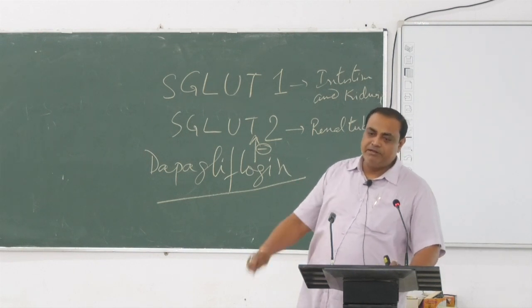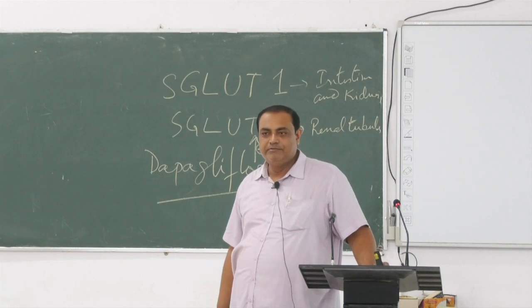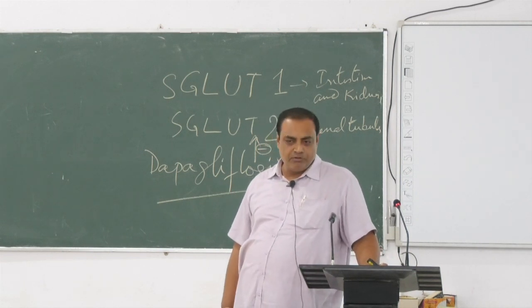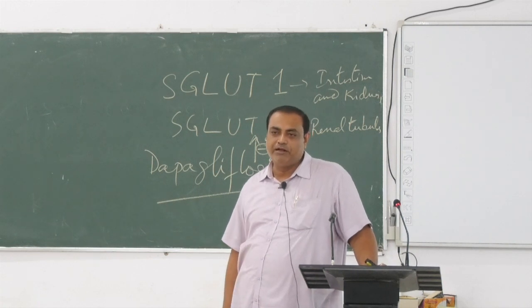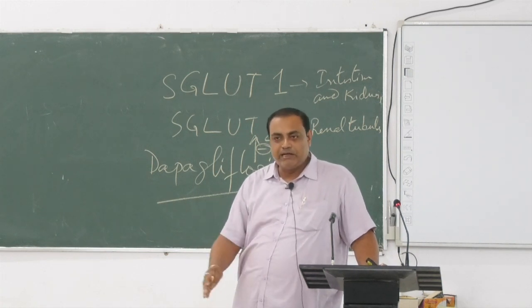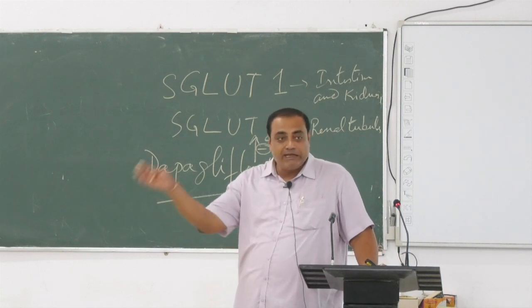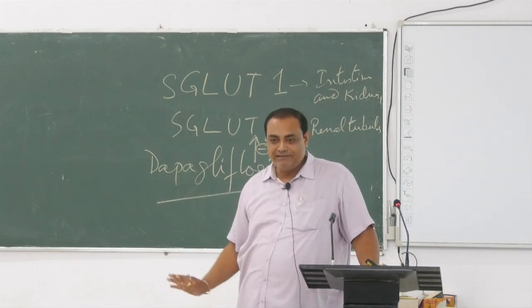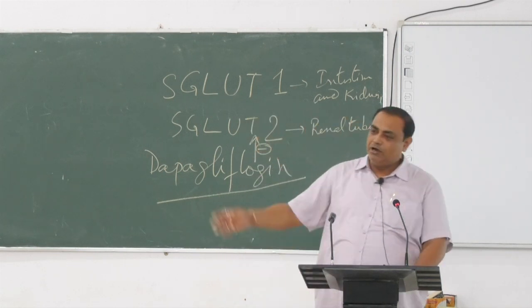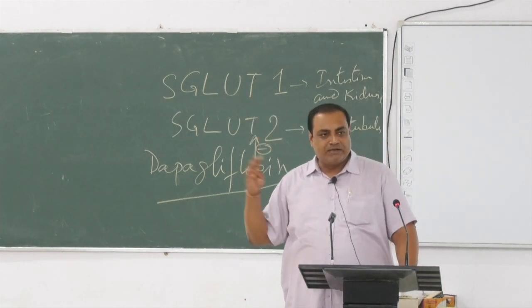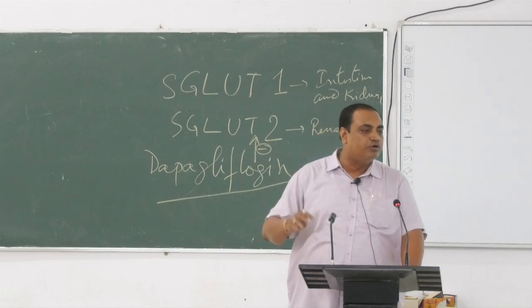What is the problem with diabetic patients? Their blood contains excess glucose. How to stop entry of glucose into your blood? By blocking its absorption or by increasing its excretion. So they just allow the person to excrete more and more glucose.